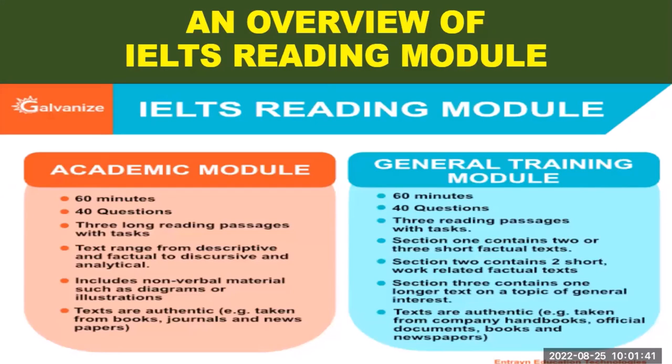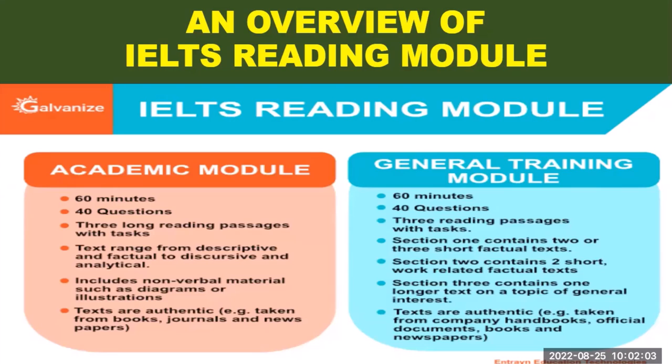First, an overview of the IELTS reading modules. The reading module is of 2 versions, the academic module and the general training module. And of course, the questions differ. Yet there are similarities in terms of the structure.